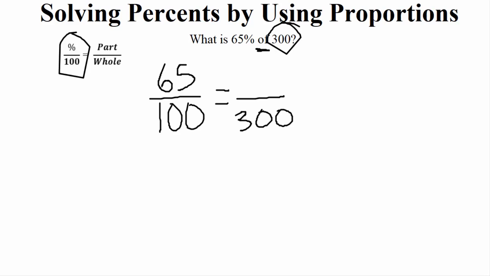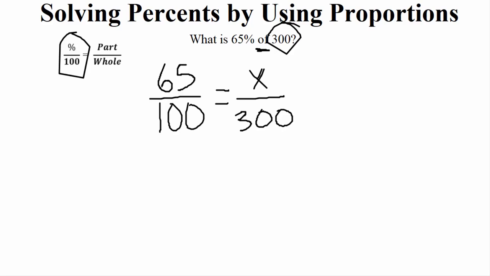So obviously we're solving for the part, right? So here we have 65 over 100, that's our percent over 100, is equal to part over whole. We're solving for the part, our whole is 300. And this is how we plug and chug into the formula. Now, in order to actually solve this, we have to do a little bit of calculation, starting with 65 times 300, right?